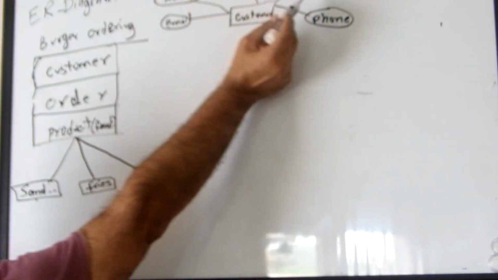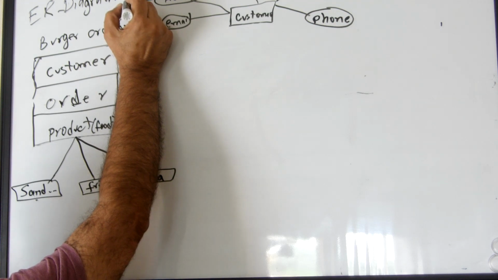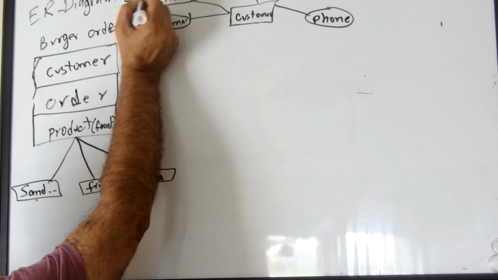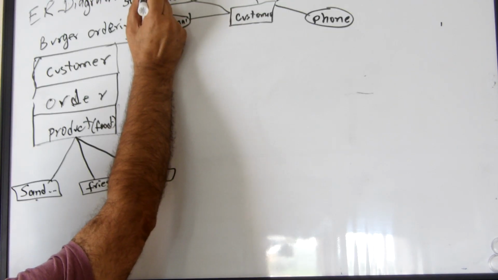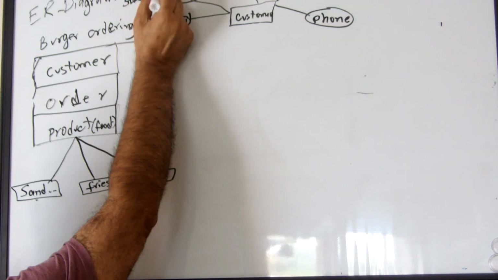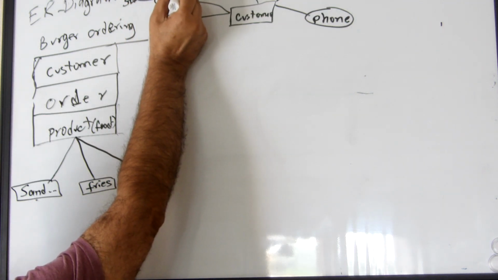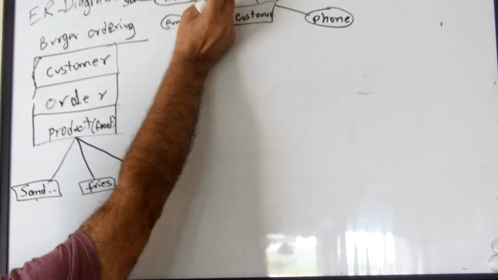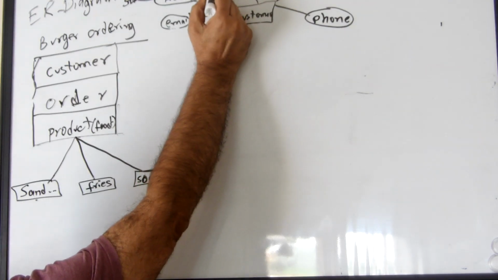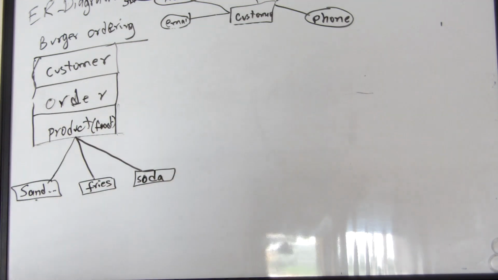About address, this is a composite attribute. It has street number, city, state, zip code.